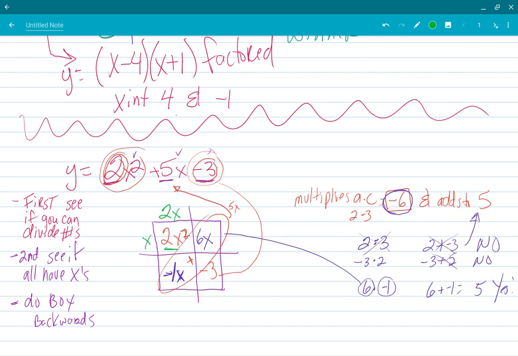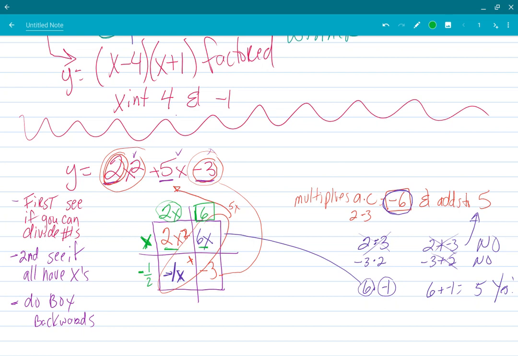Okay. Now, x times what equals 6x? 6. And then 2x times what gives us -1x? 2 times what number is -1? That's a hard one, but it's actually -1/2. That's actually a little harder, but still works.